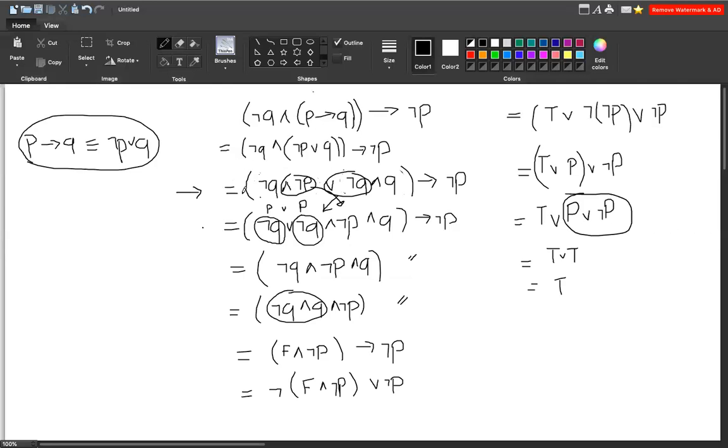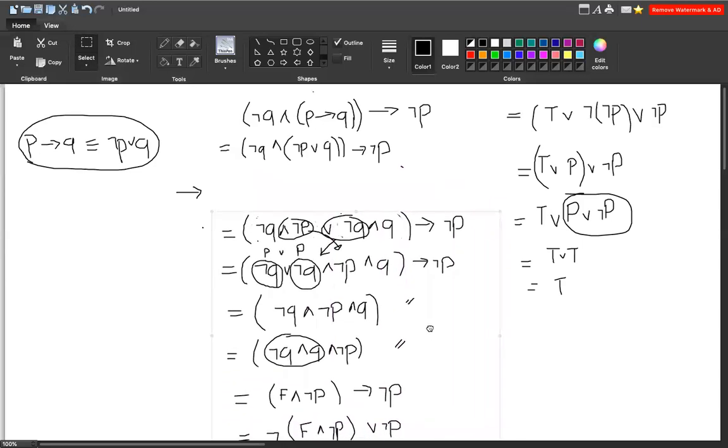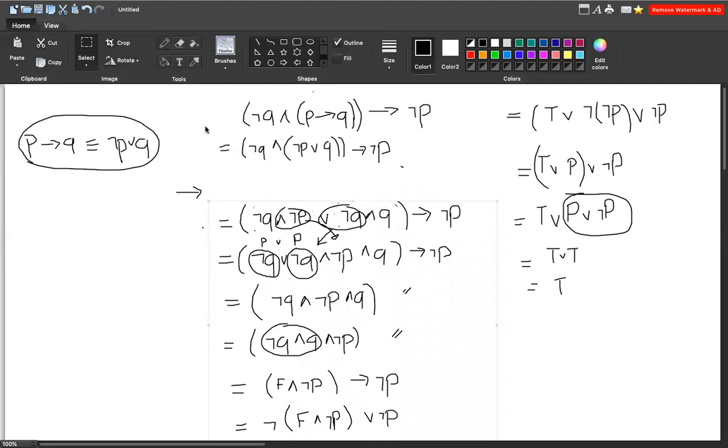So you are saying that, let me make some room here. So you are saying that it should be how? Negation of Q and negation of P, and negation of P, or false. Can this be done that way or no? Yeah, of course.